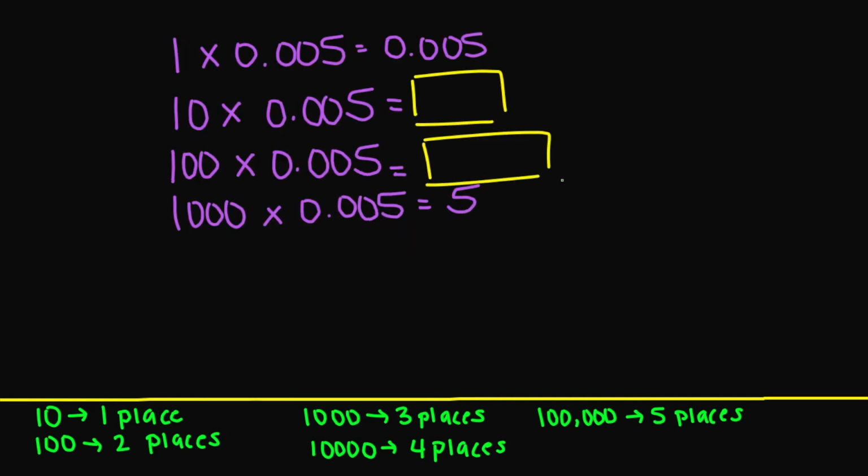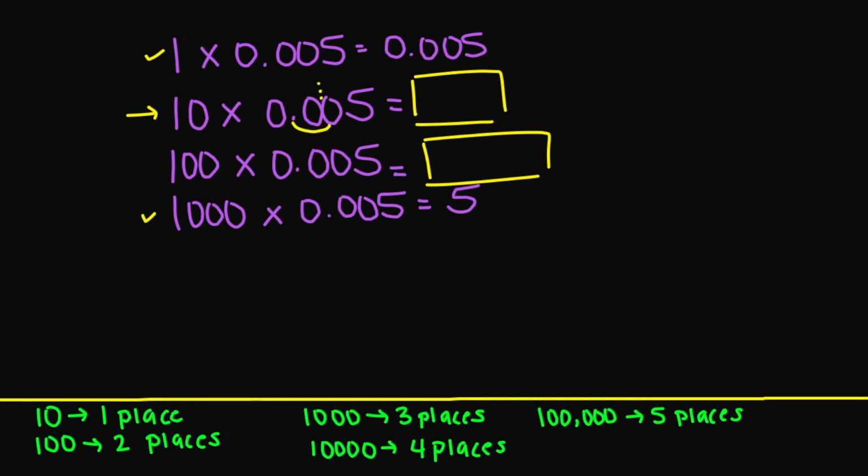All right, so let's look at this example here. We're going to multiply 0.005 times your 1 times your 10, your 100, and then your 1,000. So we already have our factor multiplied by 1. We got the same answer. And then we already have our factor multiplied by 1,000, and that's going to give me 5. So now if I have to multiply by 10, remember we're moving our decimal point 1 place to the right.